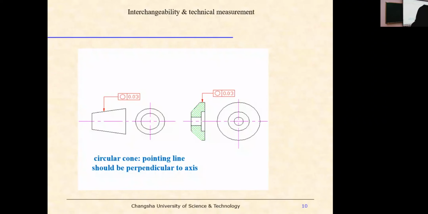When we need to describe this line, the arrow needs to be perpendicular to this line, right? So this is to describe the circle, right? The circle on this line is perpendicular to this axis. When we need to describe the line tolerance, we need to be parallel to this line. Got it?